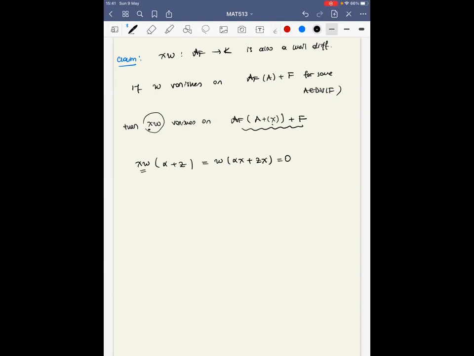And indeed, z times x is in F, and if we can see that alpha x is an element of the adele space of A, we can see that this is indeed 0 because omega vanishes on this sum of vector spaces.